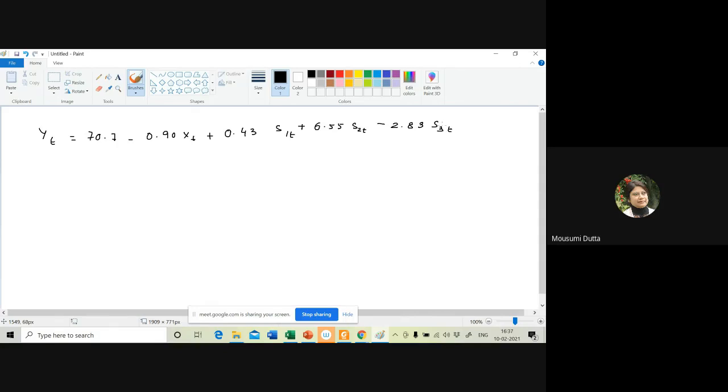T ratios are in parentheses: 3.7, then 0.27, then 3.37, then 3.40, then 3.37.